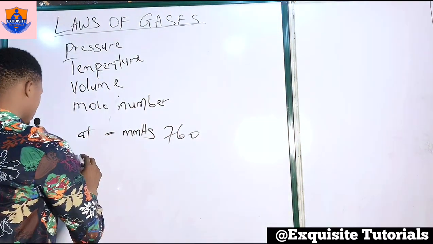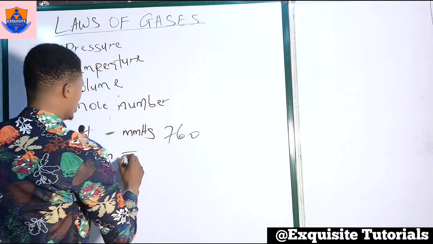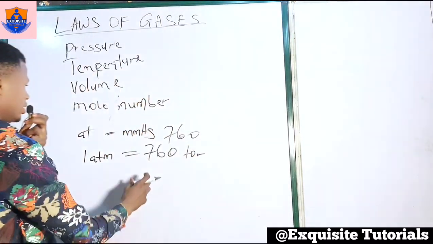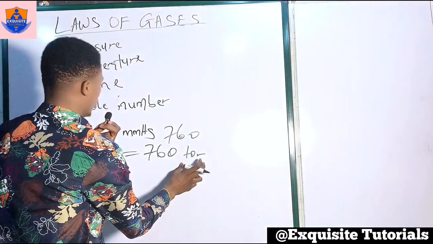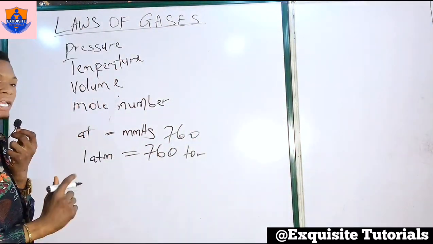The same thing, 1 ATM is equal to 760 torr, which means 1 millimeter mercury is equal to 1 torr. You have to take note of these things for you to be able to calculate anything on pressure.